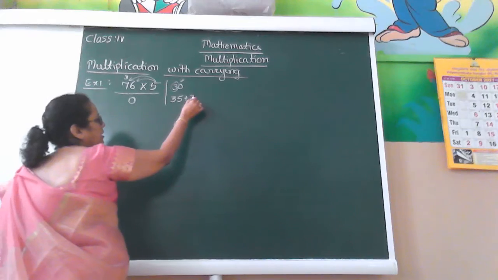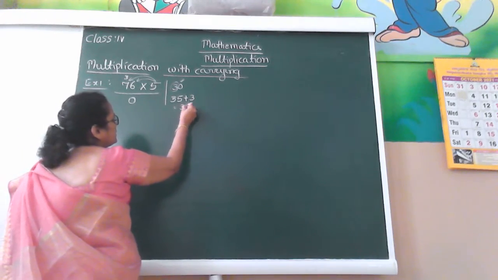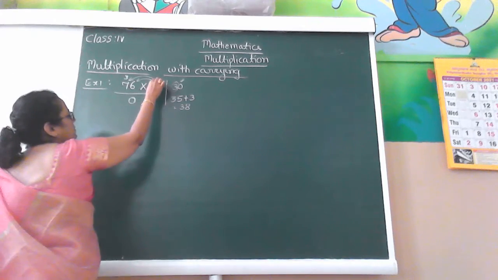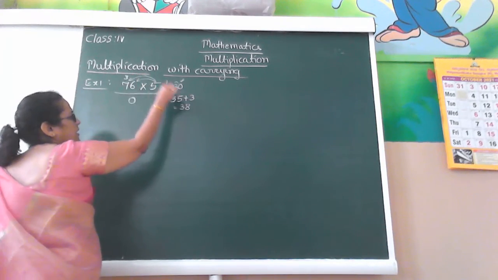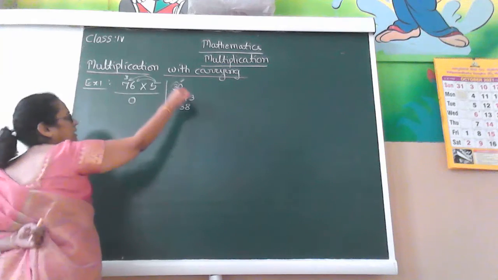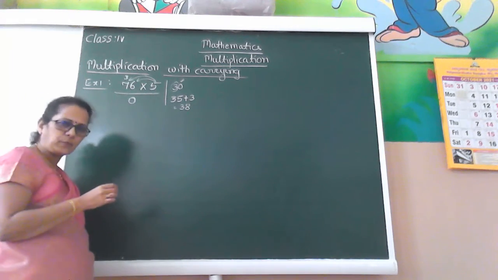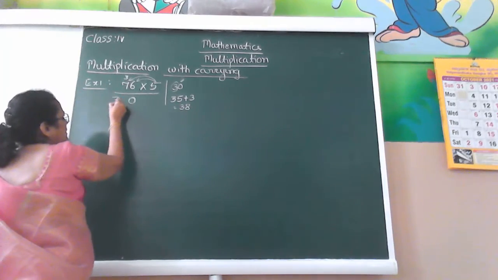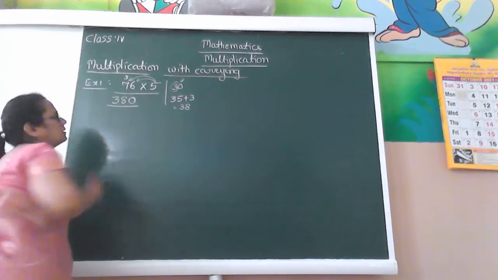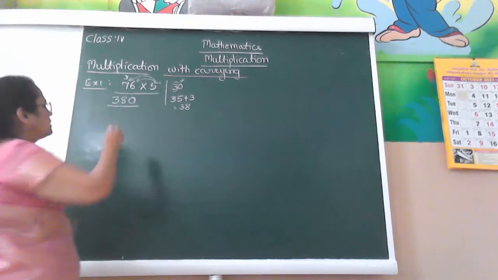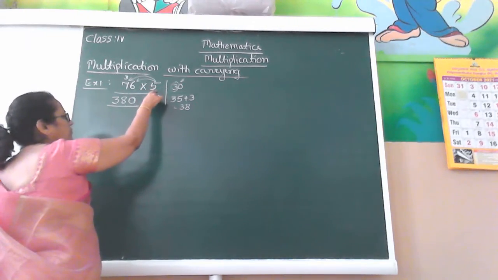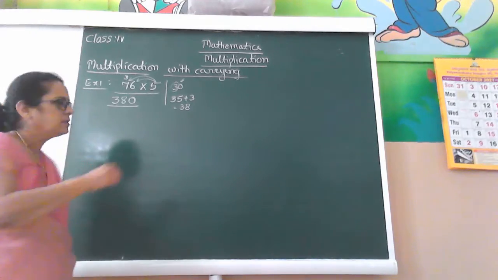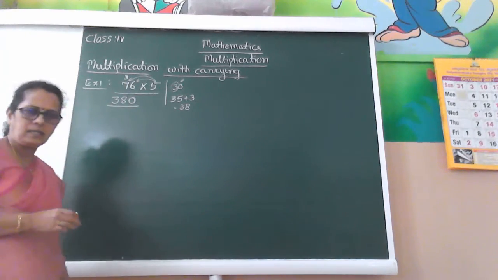So 35 plus 3 is 38. Understood, children? What I did? 5 sevens are 35 and the carry here you add for this product. So 35 plus 3 is 38. Write this 38 here. That is, 76 into 5 is 380.